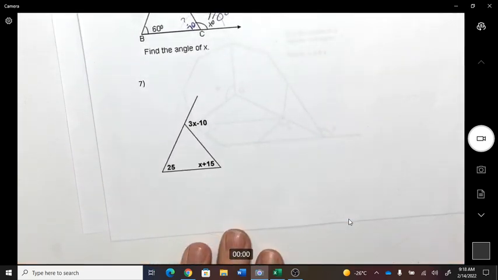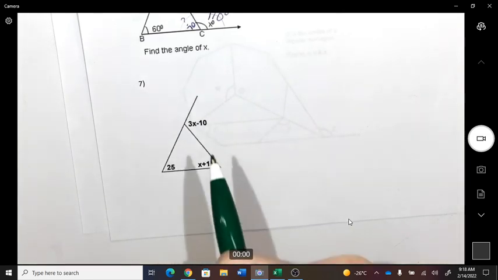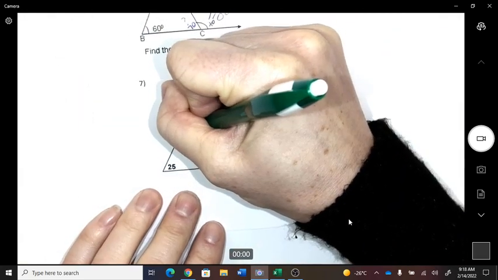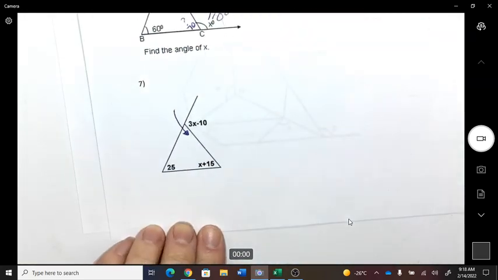Okay. So number 7 is kind of the same idea, but now we're going to be thrown off a bit because we have x's involved instead of just numbers. So what do I know right now? I'm going to just look at this one.